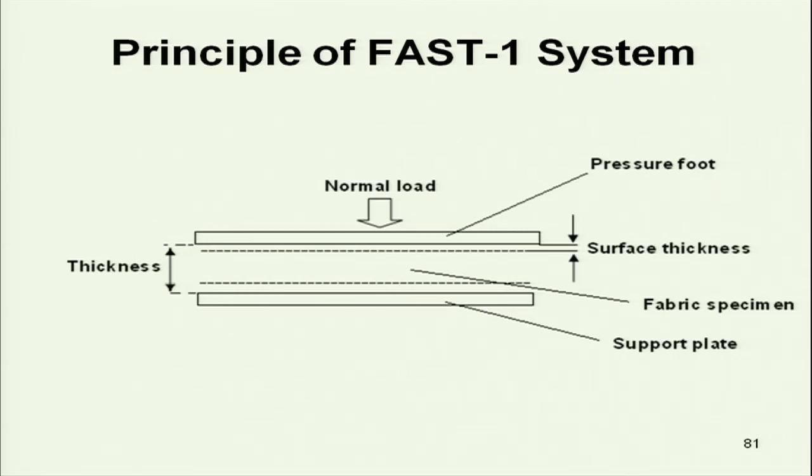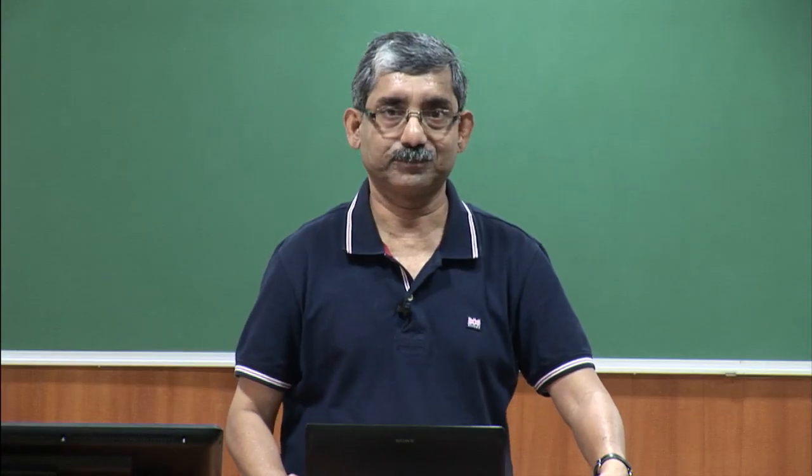But in the FAST system it is only unidirectional and in discrete mode. So, in the compression system we can measure the fabric thickness at only 2 or 3 points.